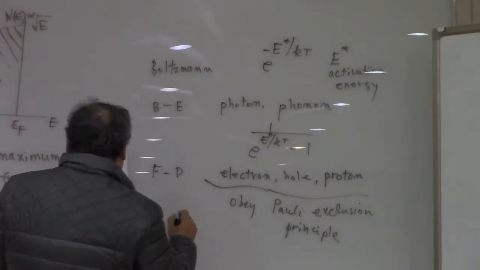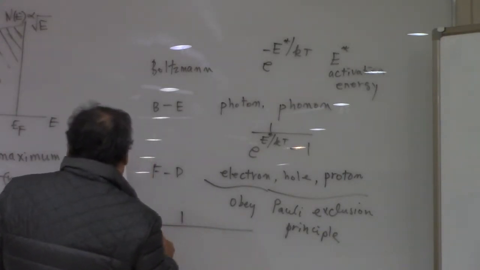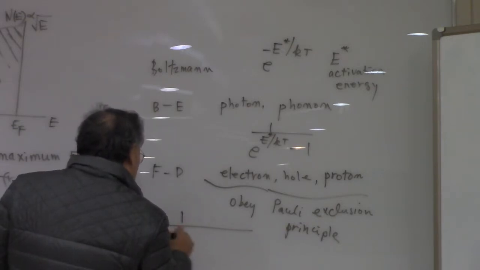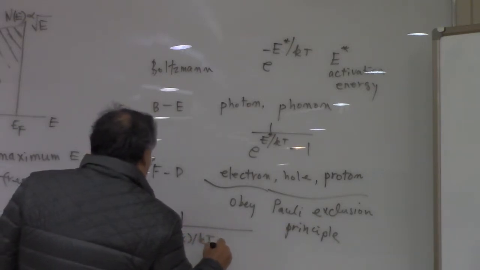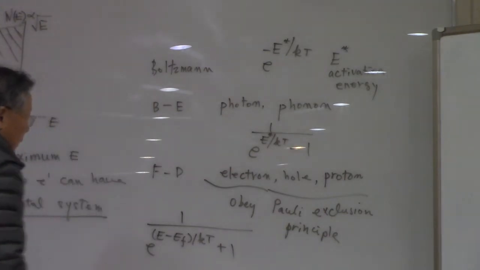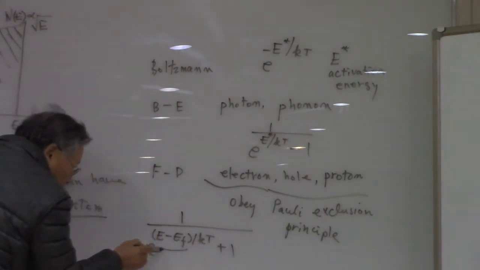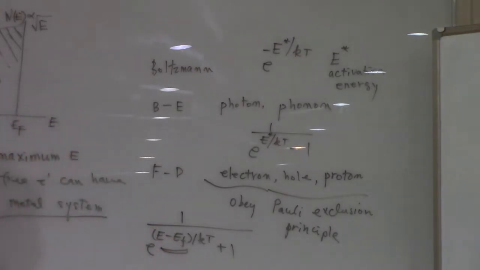And then it can be written as e to the E minus EF over KT plus 1, something like this. That is the Fermi-Dirac statistics. And here we can see the Fermi energies right there.